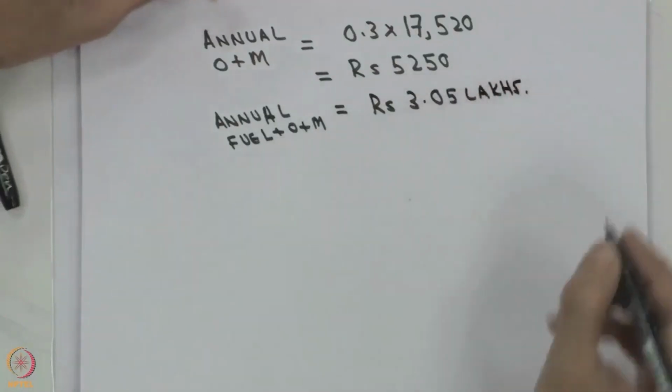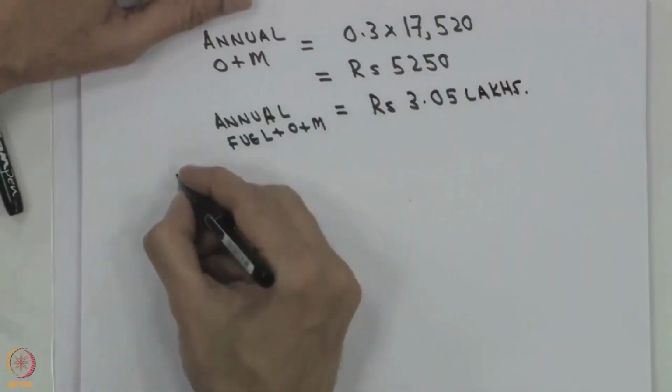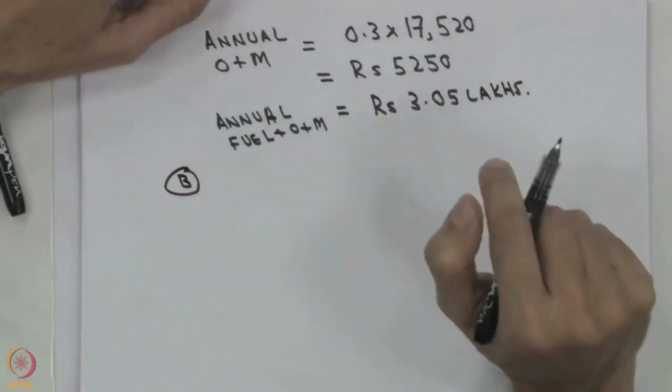In the second case where we are looking at the PV, what is the fuel cost? The fuel cost is 0 because we do not have to pay for the solar insolation. So, that entire annual fuel cost is saved. There is an annual O&M cost in case of B, and that we can calculate. Annual O&M cost is nothing but 0.25 rupees per kilowatt hour into 17,520, and this turns out to be rupees 4380.